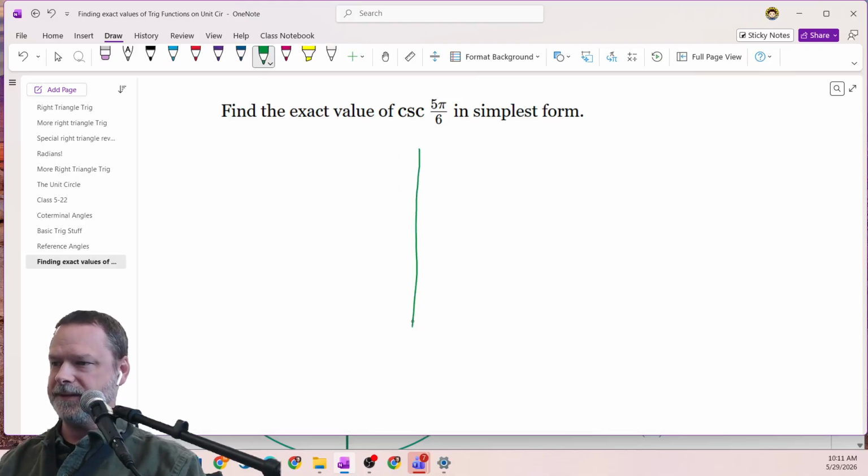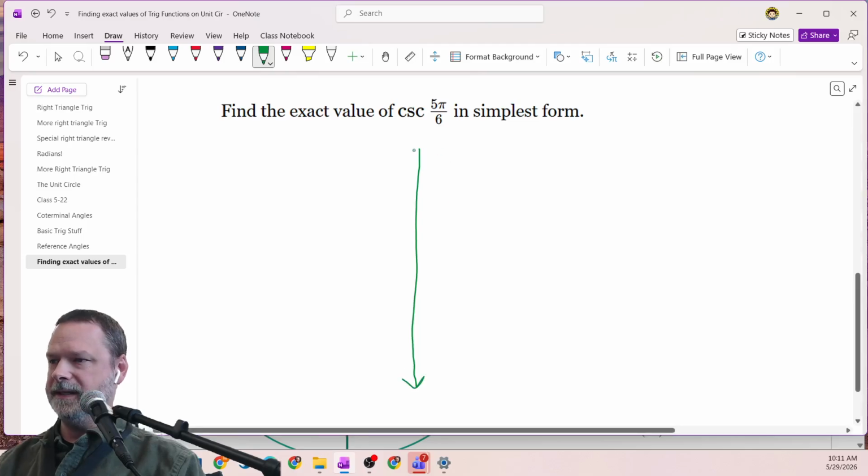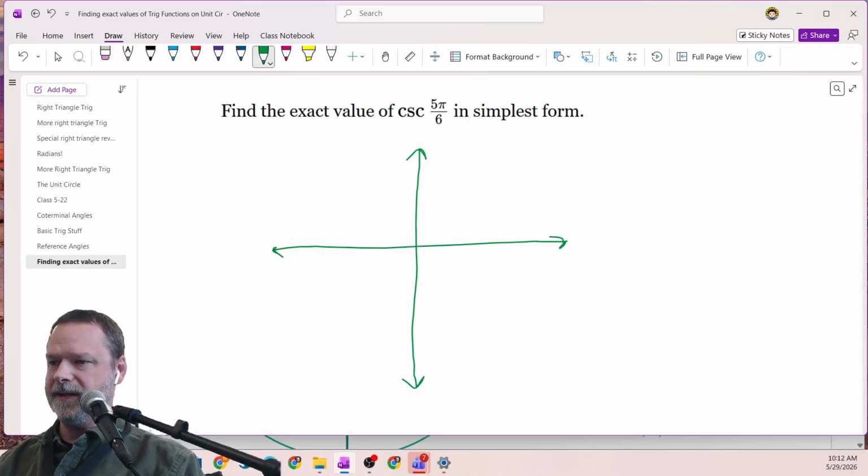All right, so first off, where is 5 pi over 6? Well, 6 pi over 6 would be pi, so I know I'm not past into my third quadrant. I'm in the first two, probably the second quadrant, because this is close to pi. It's only pi over 6 away, so I'm in here.